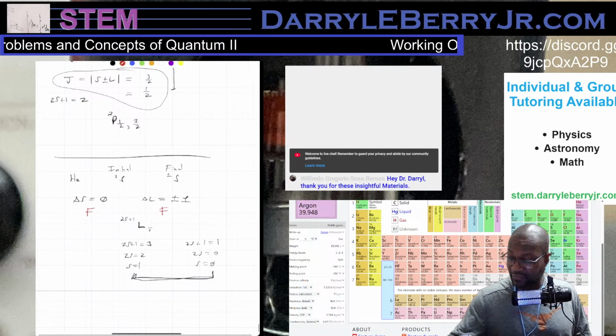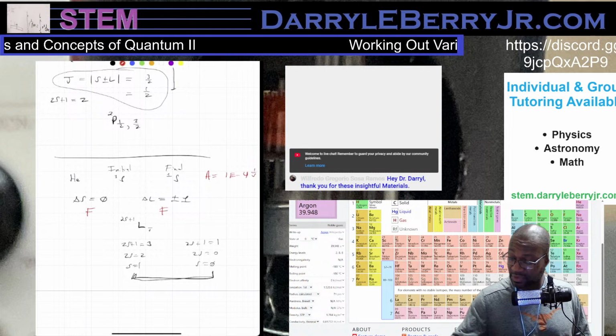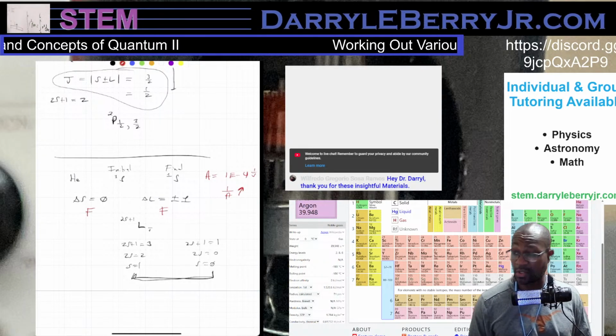And that's why the A factor, which is 1 over S, is basically 1 times 10 to the negative 4. 1 over S, which means when I divide that, it's going to be a very big number. So it takes a long time for this transition to happen.